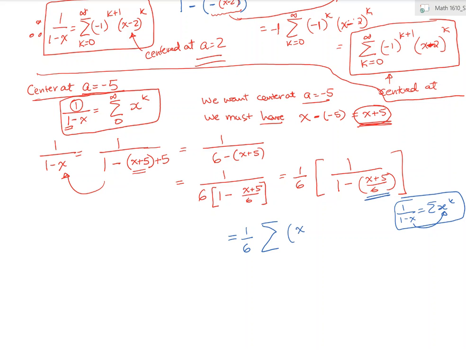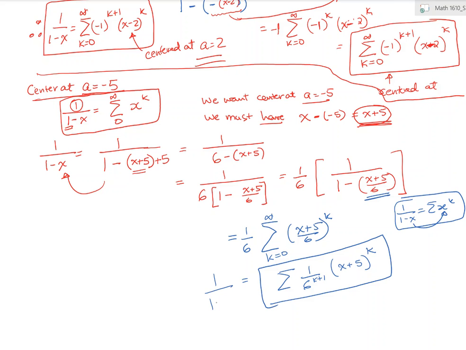So I would say x plus 5 over 6 raised to the power k, k going from 0 to infinity. So this is same as saying summation. Now 6 comes in, so every term gets 1/6, and there is 6 in the denominator. So I have 1 over 6 raised to the power k plus 1 times x plus 5 raised to the power k.